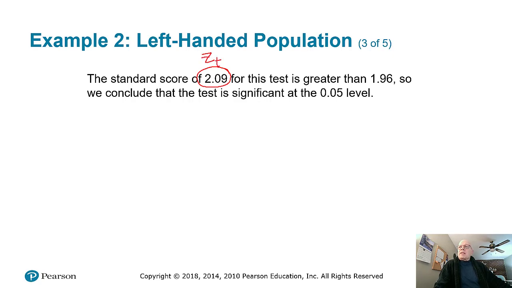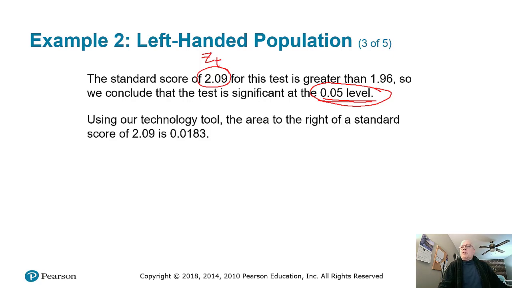So it's significant at the 0.05 level. If you were curious about the 0.01 level, it wouldn't be significant. So it depends on the level of significance you start with. That's why you need to choose the level of significance before you start your sampling.